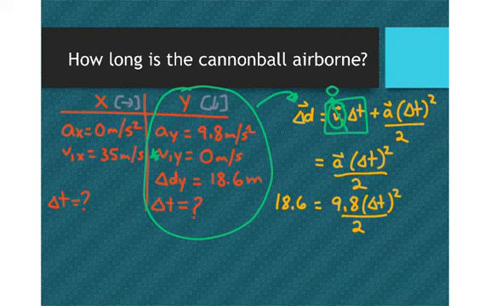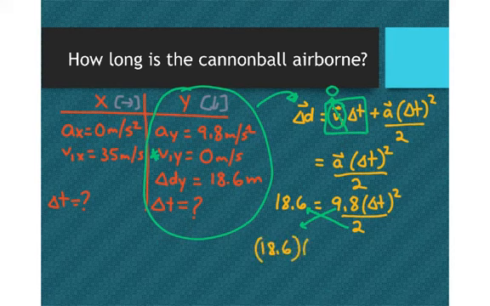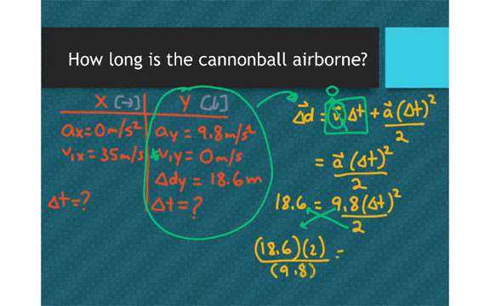Remember to keep it simple. So I'm going to bring the 2 over. Right now it's dividing, so it's going to end up multiplying. The 9.8 is multiplying the delta t, so when I bring it over, it's going to divide. Let's have a look. So I've got 18.6 times 2 divided by 9.8 equal to delta t squared.